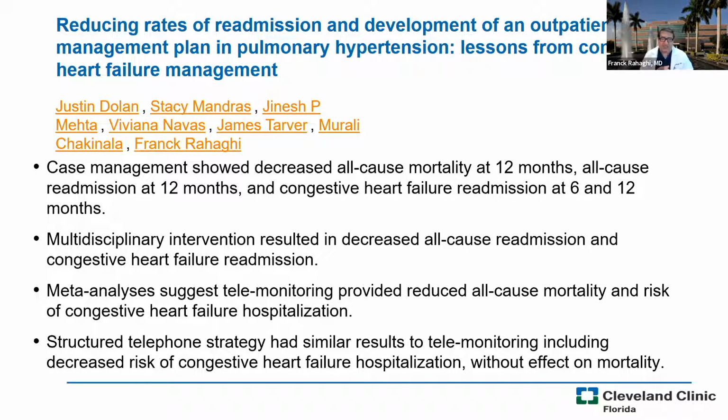And calling people, even with somebody who's not a major healthcare provider, could be helpful if there's a structured phone interview that basically asks the right questions and flags people that need help and guides them. All of these things have helped.